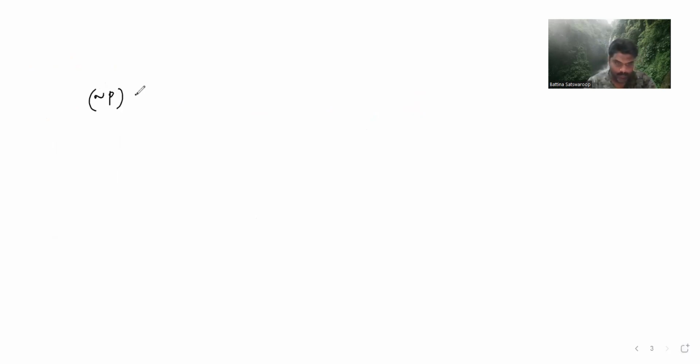Negation of P or negation of Q and negation of P or R. Now what I will do over here, sir, I will try to write this, because that can be written as negation of P or negation of Q and R.